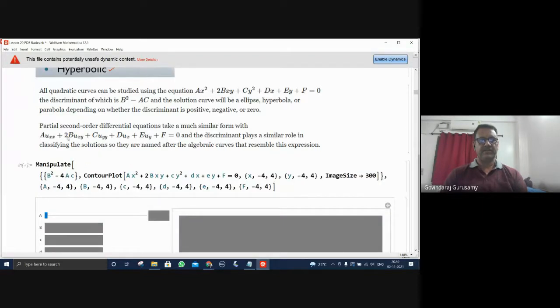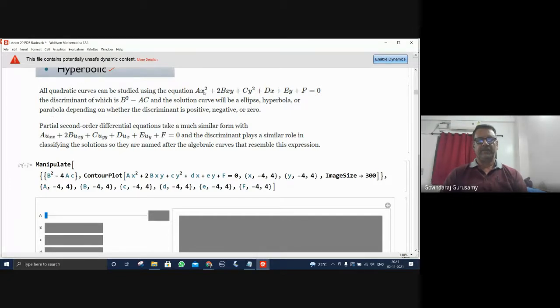By the analogy here, you can see A, B, C, D, E, F. Similar to this, you have the x second derivative, y second derivative, xy again second derivative with cross terms, this is ux separately, this is uy, and plus f. So there seems to be a very close connection between these two. In that case, b² − ac will also fall into this category of ellipse, hyperbola and parabola.